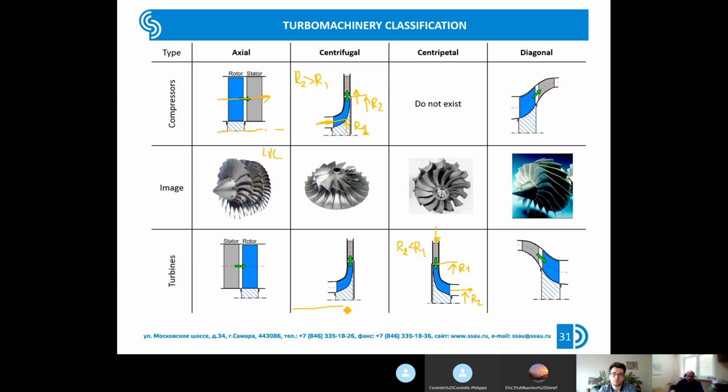These two types of turbomachinery are sometimes called radial turbomachinery. And of course, we have something mixed between them, which is called diagonal turbomachinery.